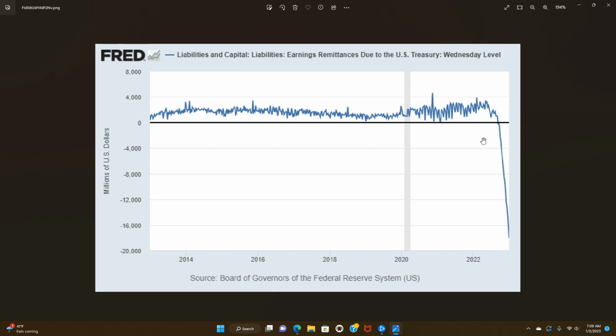The differential between the yields on their balance sheet and the interest payments they have to pay the member banks is causing these liabilities and these holes in their balance sheet, and drastically reducing the earning remittances that the U.S. Treasury receives from the Fed. So the Treasury is used to receiving these kickbacks, and now they're quite literally not getting any at all. So that's something that will be a political issue.